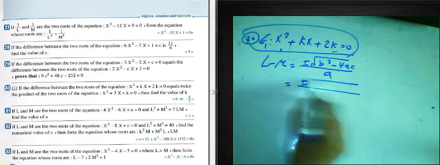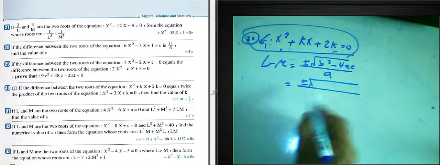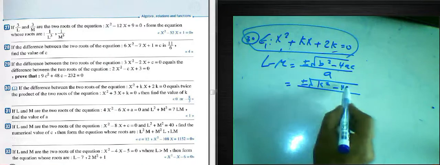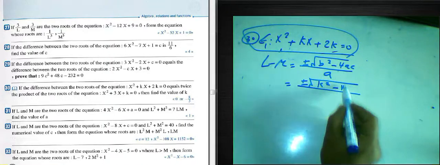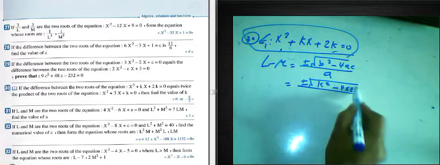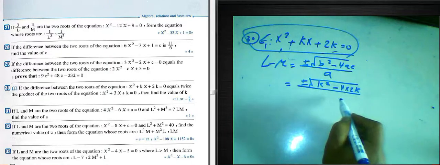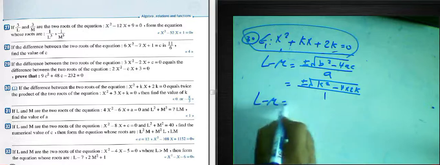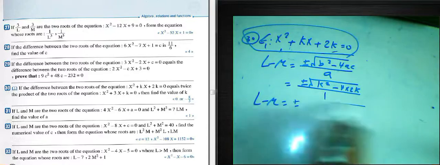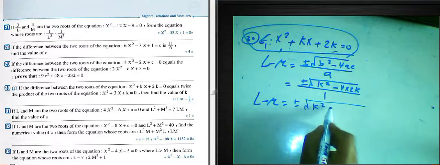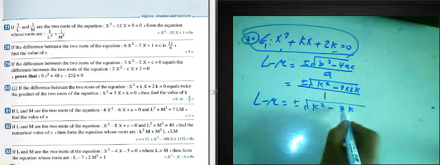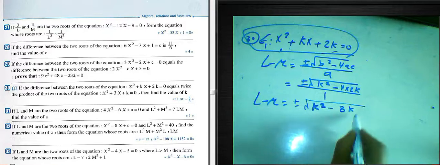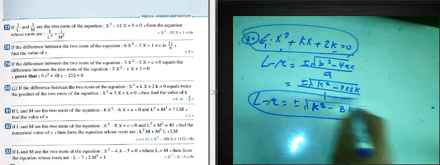So positive or negative square root of k power 2 subtract 4 multiply a 1 multiply c, which is 2k, over a 1. So L minus M equal positive or negative square root of k power 2 subtract 8k. It's the first relation.